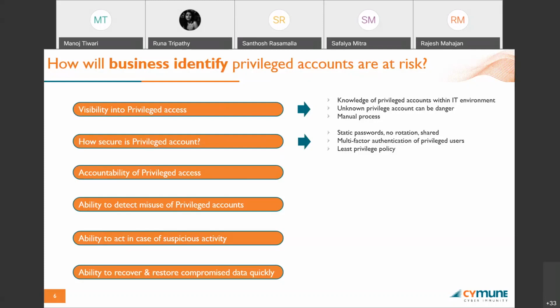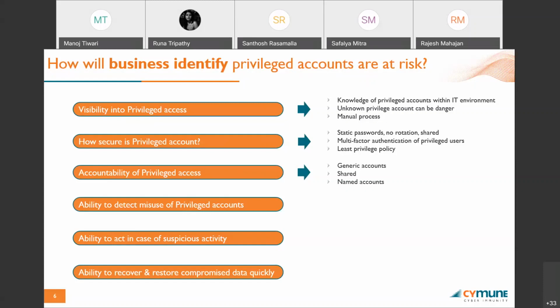And the third: what about the accountability of your privileged access? You have to verify whether you have generic accounts in your system and whether these generic accounts are shared or not, right? Some organizations, like I said, share generic accounts across the administrators, and then you lose accountability for those accounts.